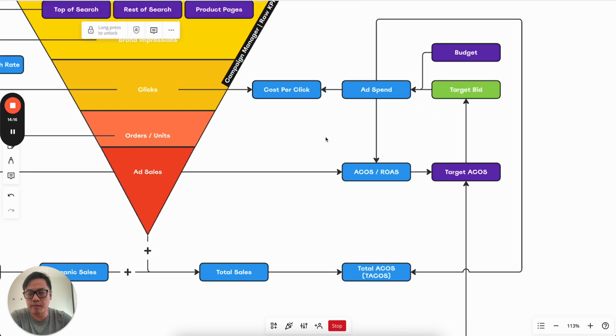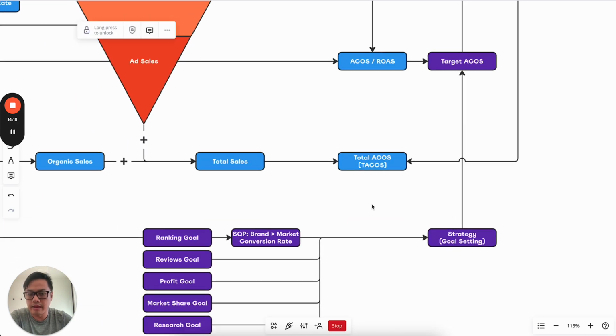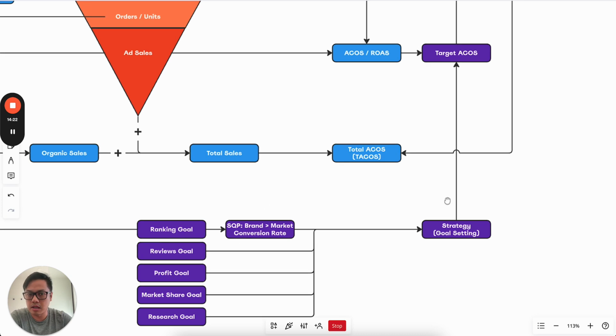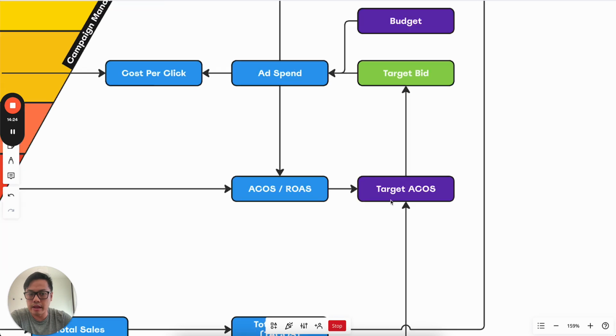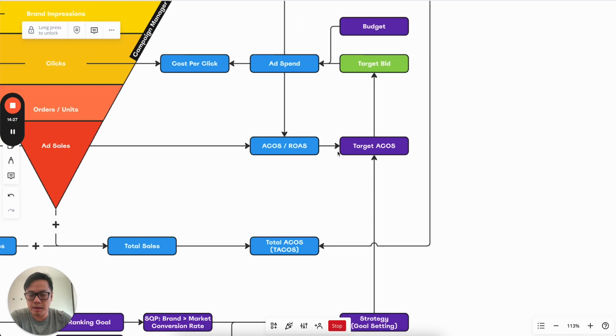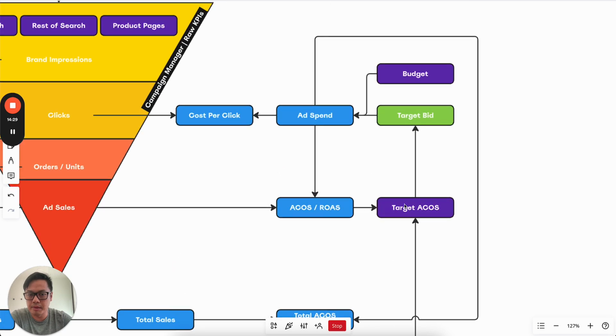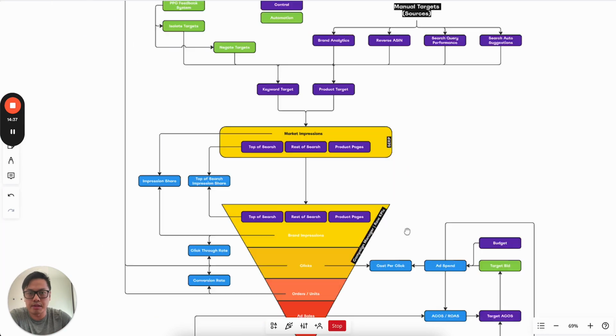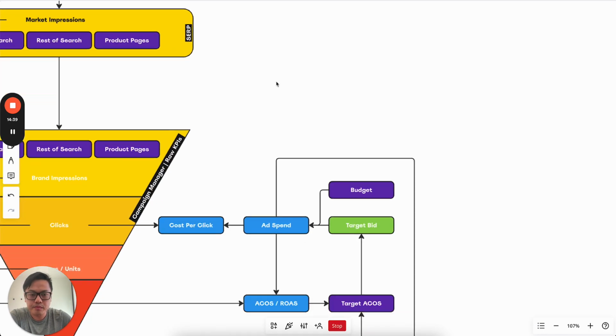That's going to allow me to drive a lot more impressions, and this is only because I've already validated that I can rank on this keyword. By setting this strategy in any kind of tool that you have, you'll eventually just change the target bid. The target bid is basically the bid that you end up setting for these guys up here.